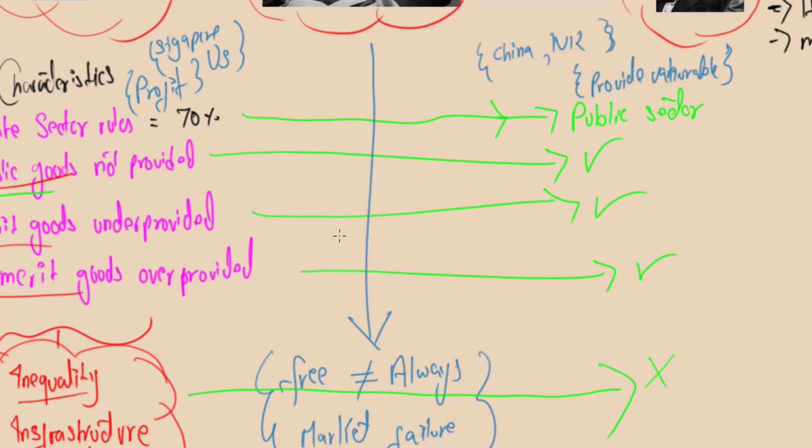So you can define mixed markets as free markets except in certain situations. What are those situations? When there's extreme inequality, when you don't have proper infrastructure, when you have market failure. So free markets except in certain situations. That's how I describe mixed markets, and that's simple and clear enough for your examiners to understand what you're trying to talk about.